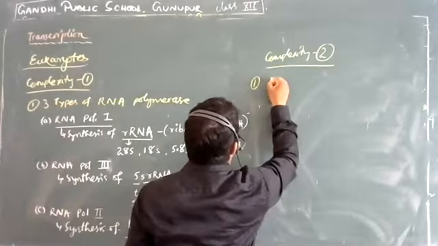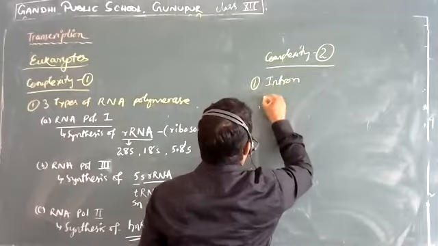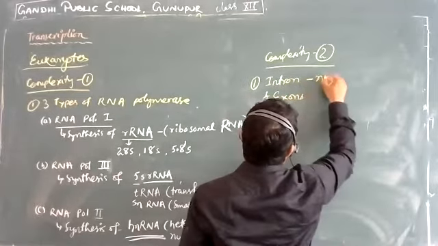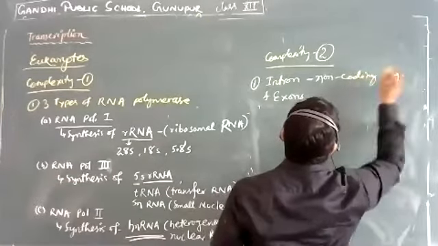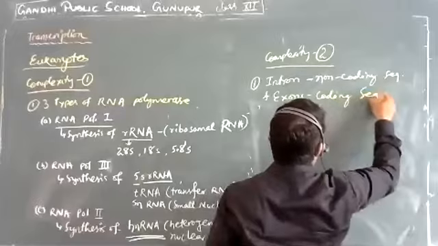The problem here is that there are introns and exons. Introns are non-coding sequences and exons are the coding sequences.